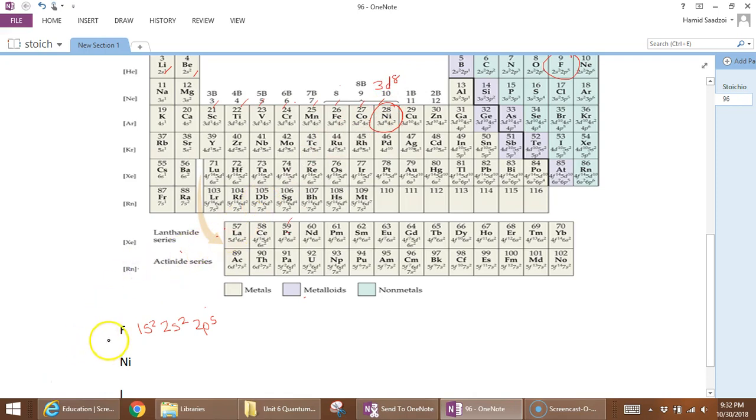So just like with fluorine, I'm going to start at 1s2. So you follow the exact same sequence every time. 2s2, 2p6. Now you have to fill that subshell before we go to the next one. If you've forgotten, S can hold a maximum of 2 electrons, P can hold a maximum of 6, D can hold a maximum of 10, and F can hold a maximum of 14 electrons.